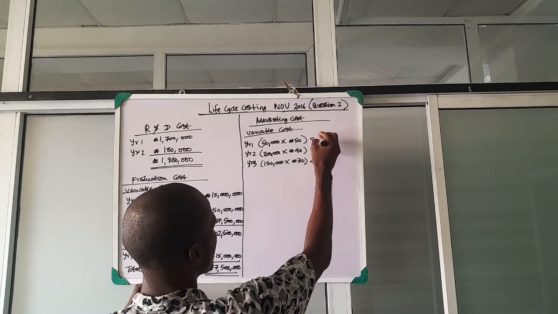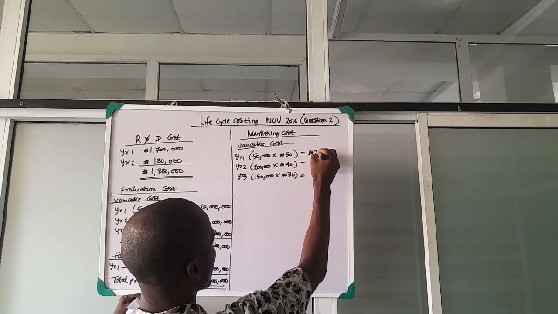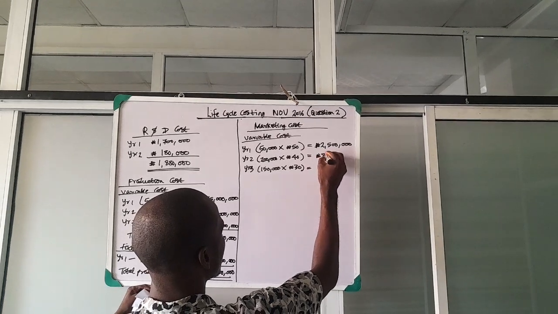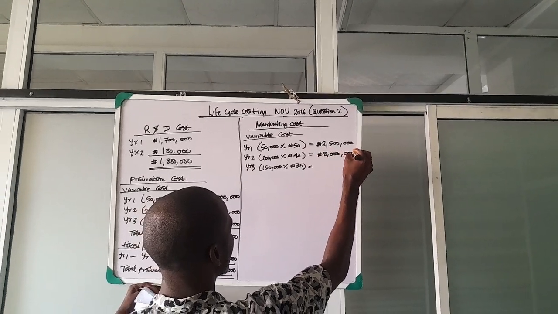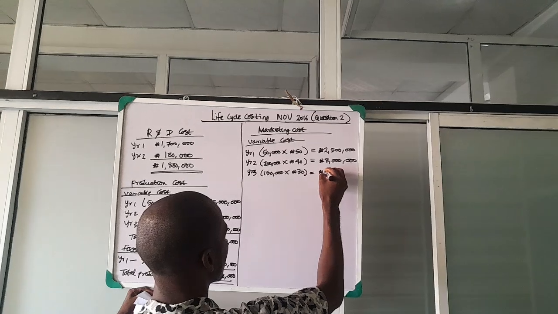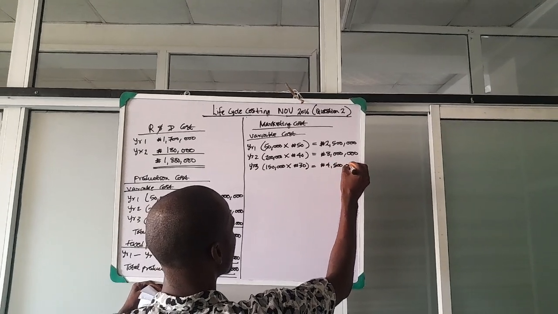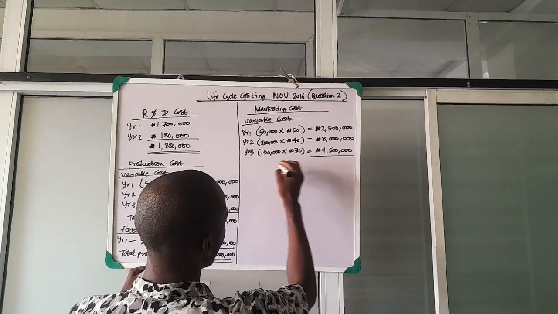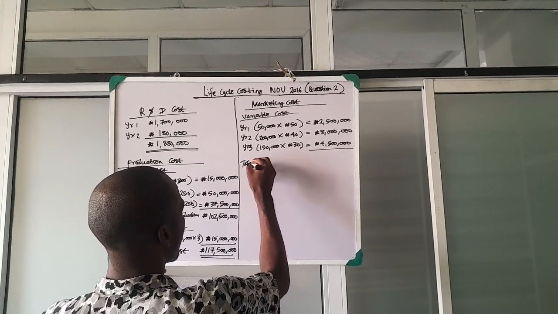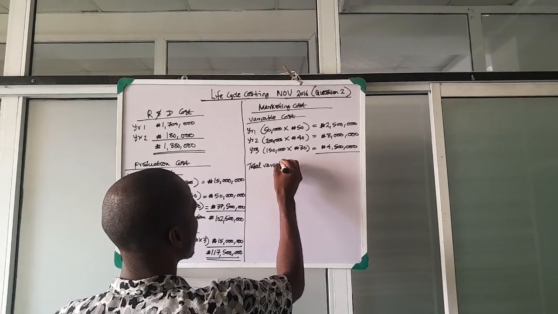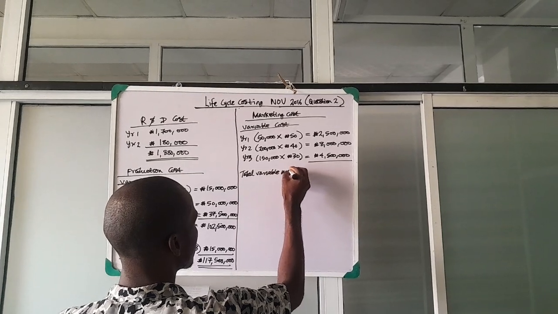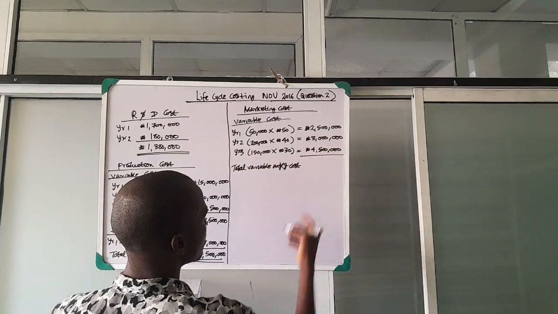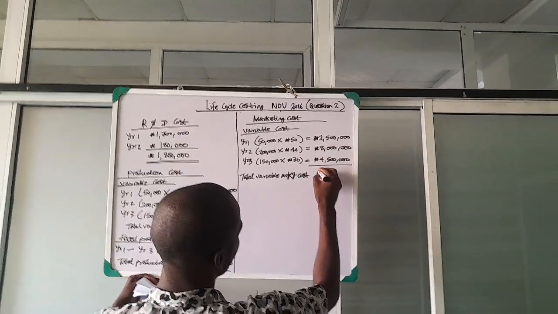So this gives us 2,500,000, 8 million, and 4,500,000. Now this is for year 1 through year 3 variable cost. So that will give us total variable marketing costs of 15 million.